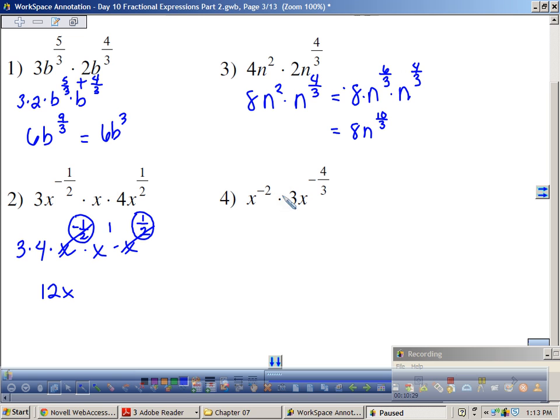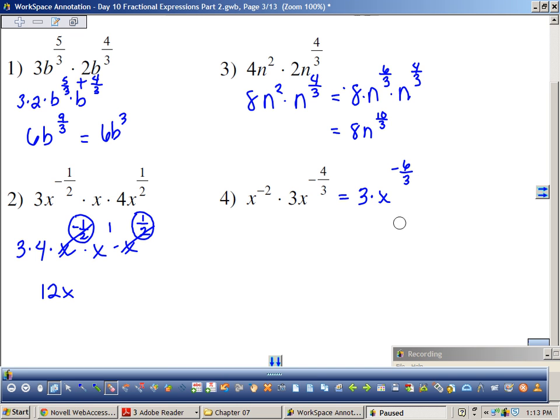Okay? So what I'm going to do is I'm going to say I've got a 3. I'm going to start it over here and then work my way down. I've got a 3 times x. This is a third. I want to make this a third. So I'm just going to say negative 6/3. I don't know why I chose to put that so far over.